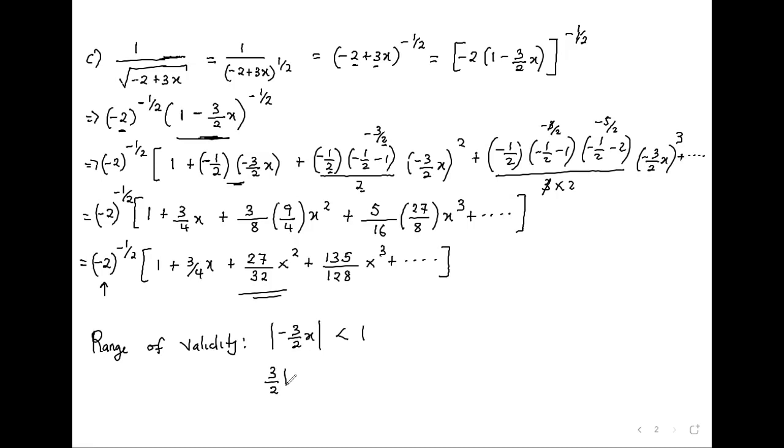You know what the absolute value does to the negative. And then you multiply this side by 2 over 3 and this side by 2 over 3 so that we get the absolute value of x to be less than 2 over 3. So it should make sense that way.